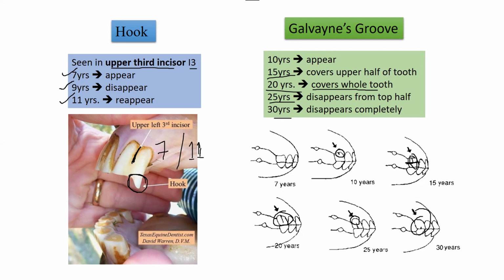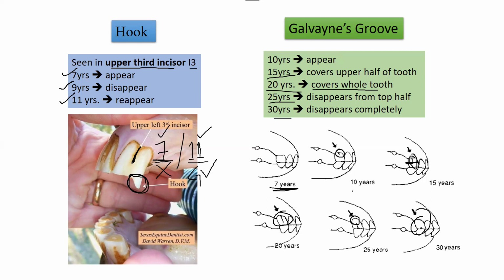So now you have to remember the dates, and we can do a little drill over here. If you see a hook, it comes in your mind, it's either 7 years or 11 years, but if you see no Galvayne's groove, that means it's 7 years. But if you see a hook as well as Galvayne's groove being present, that means it's 11 years of age, because at 7 years there is no Galvayne's groove. Hook is present but no Galvayne's groove.